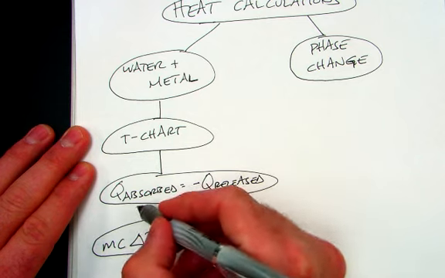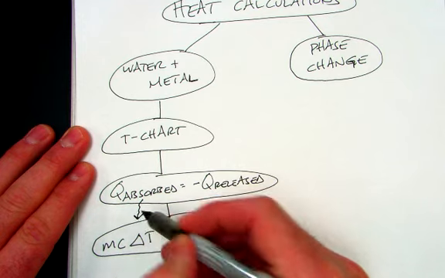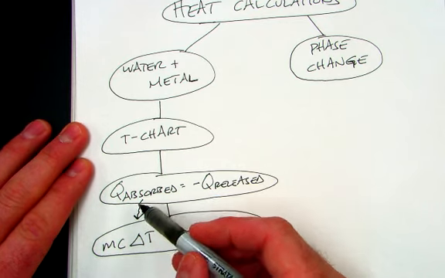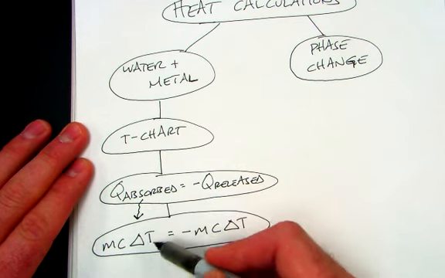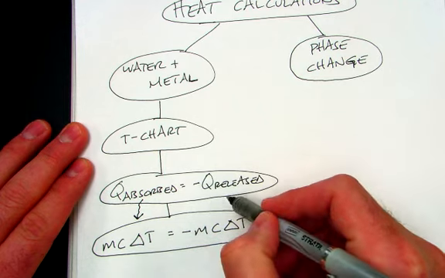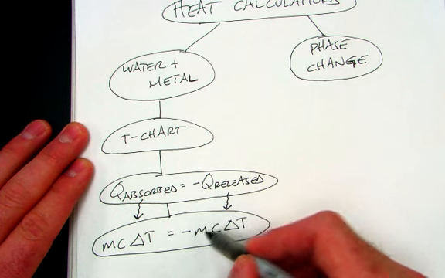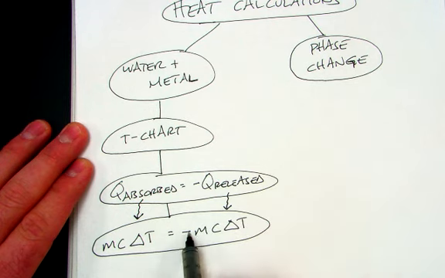Remember that whatever is absorbing heat, all that information is going to go here: your mass, your specific heat, maybe your temperatures. Then whatever is releasing heat, all that information is going to go on the right-hand side, the one that has the negative in front. If you're not sure which one is absorbing and which is releasing, you need to look at the initial temperatures.